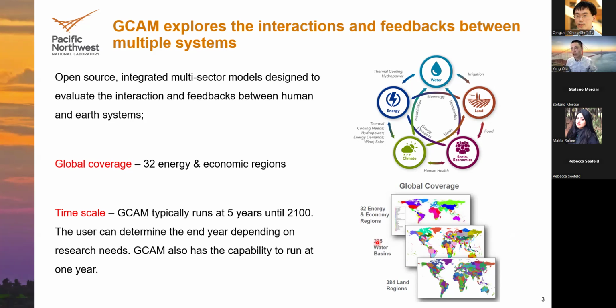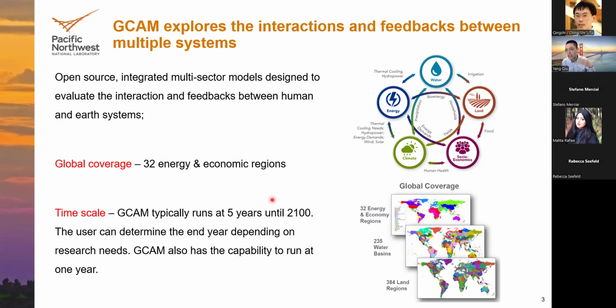In the model, each of these sectors interacts with the others depending on the physical relationships that we input into the model. In terms of global coverage, currently GCAM separates the world into 32 energy and economic regions. Since we are mainly focusing on energy systems, the global coverage would be these 32.